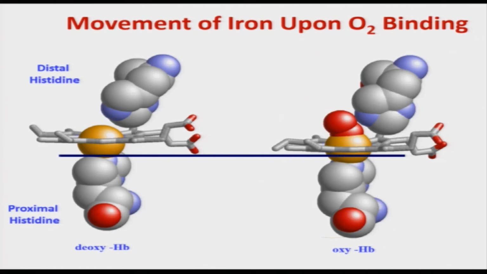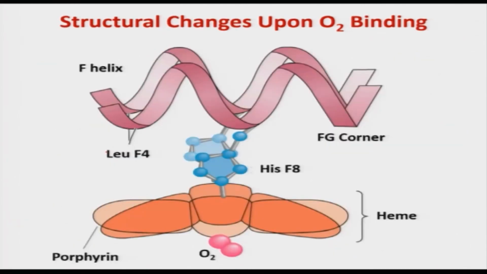So, it fits perfectly on the porphyrin plane. There is a movement of iron from deoxy to oxy. This is a huge consequence, and in the next slides we will be talking mostly about that. So, there is a huge structural change upon dioxygen binding.